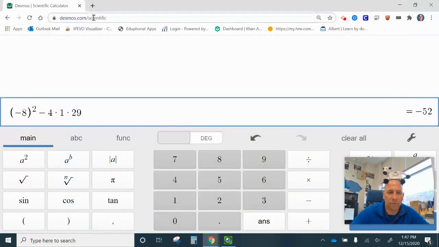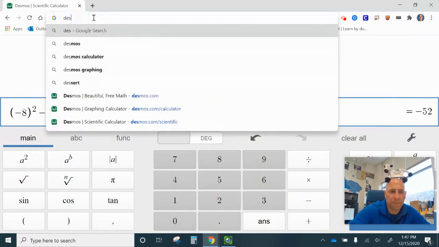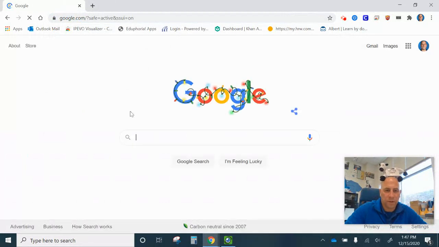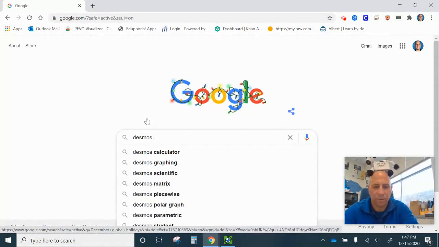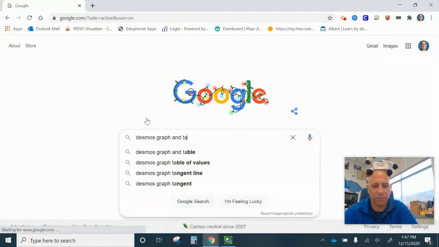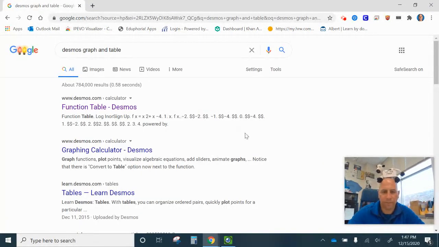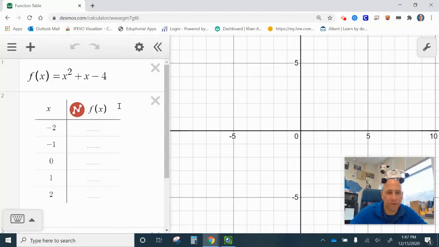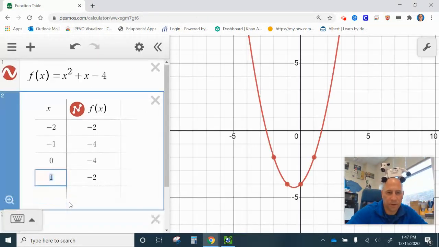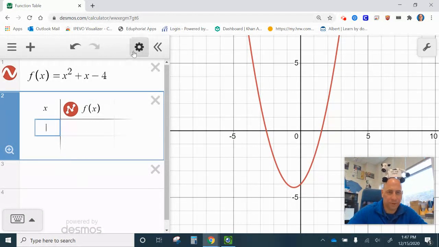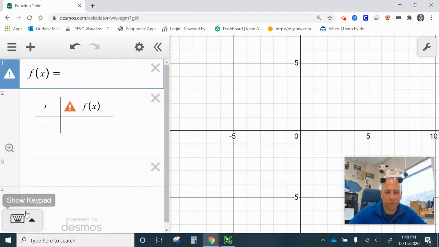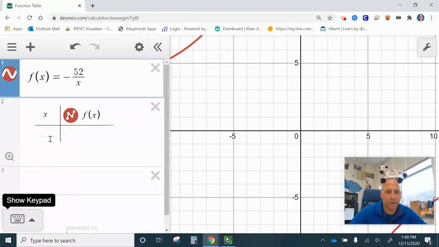So let's go to Google. Desmos graph and table. Okay, function table. Now I need to find all the combinations that make negative 52. So I'm going to delete this, and I'm going to type negative 52 divided by x.